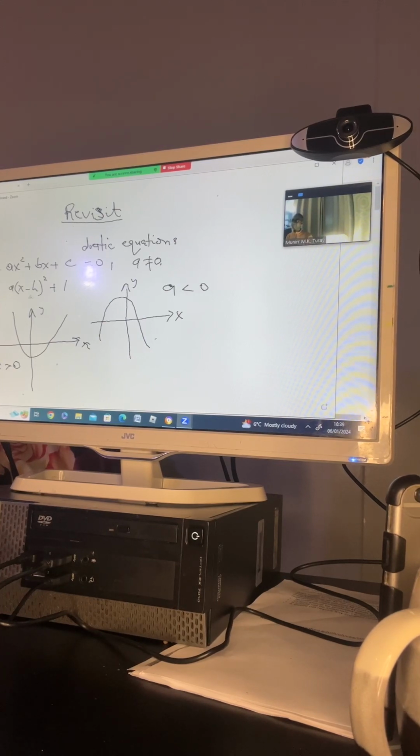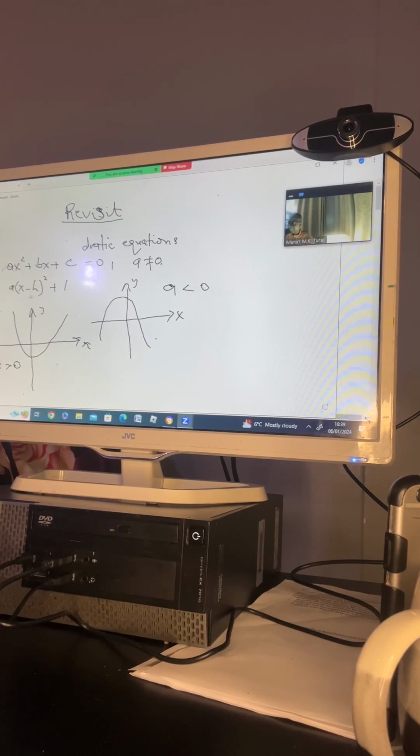When you have a minus sign here, the graph goes this way. If you have a plus sign, it goes like this. It means a is positive, it opens upwards. If it is negative, it opens downwards. That is the one function that the a plays.